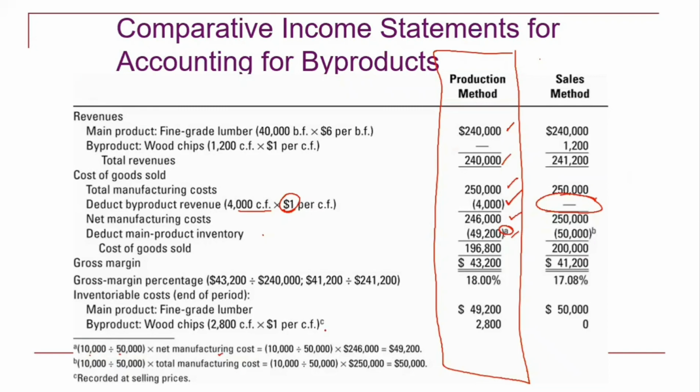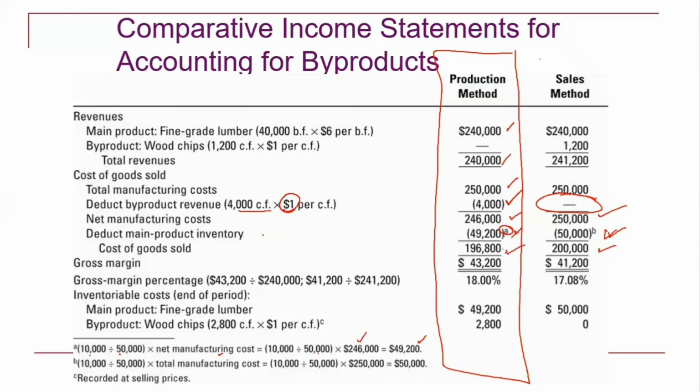So that would be 246,000 times 10 over 50. So that is 49,200. Na-reduce po kasi. Pero samantalang dito, siya na po mismo yun. Yung 250,000 times 10 over 50. So 50,000 po. Okay, so ang gross margin natin is 196,800, pero sa sales method, 200,000.